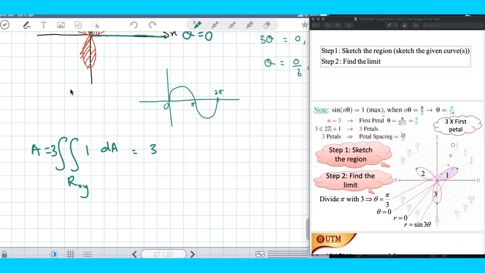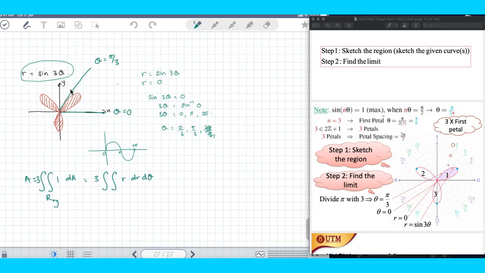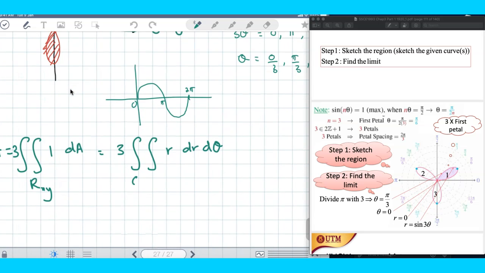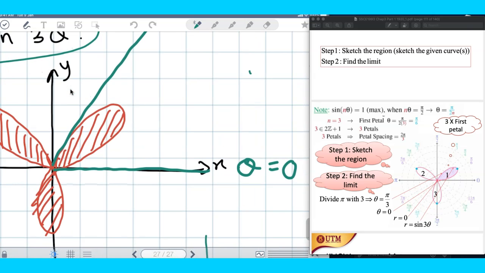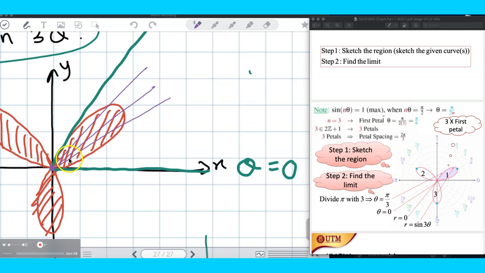Now we want to solve using polar coordinates, r dr d theta. The limit of theta we already obtained, so theta from 0 to pi over 3. How about the r? To determine the limit of r, we have to draw a line starting at the origin. You can put many lines, but because we only focus on the first quadrant, we just look at here.